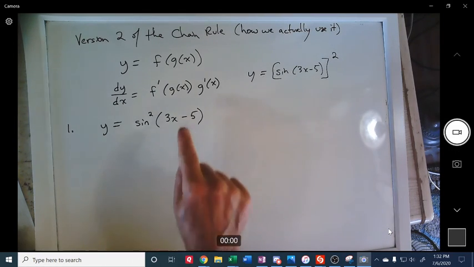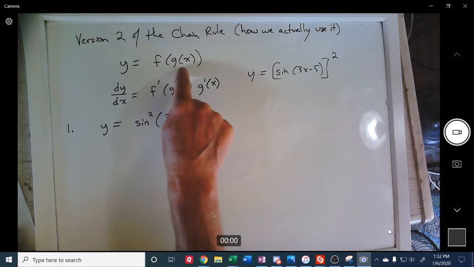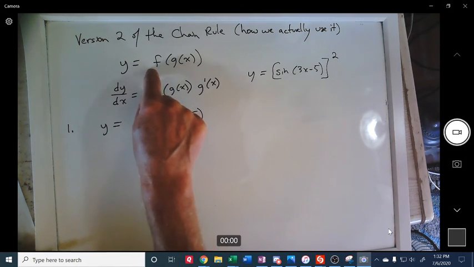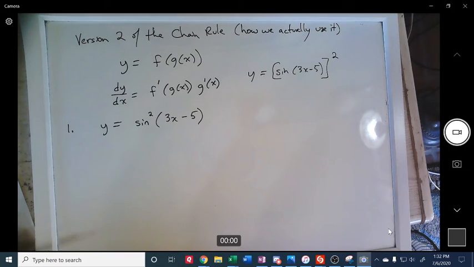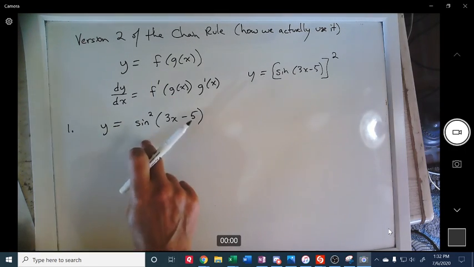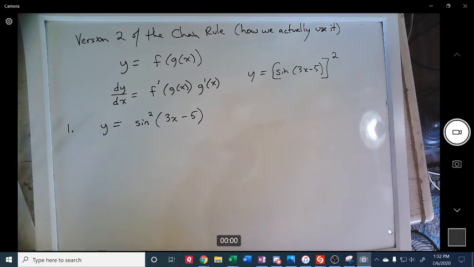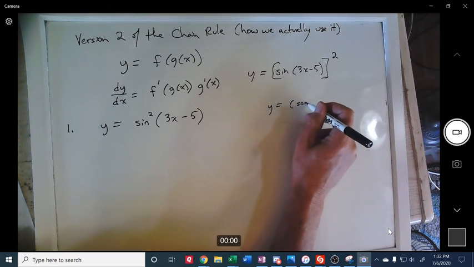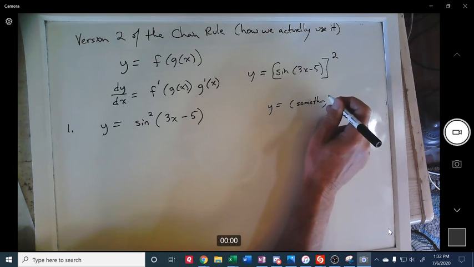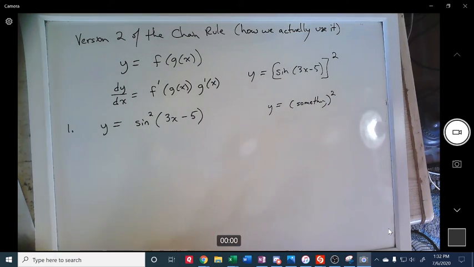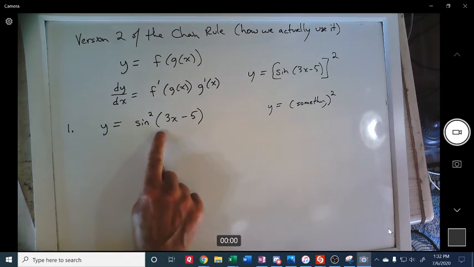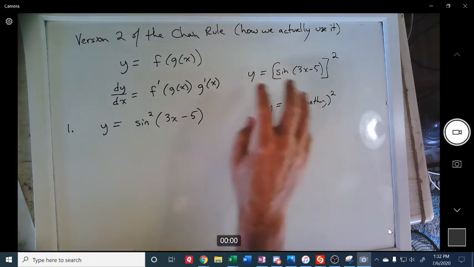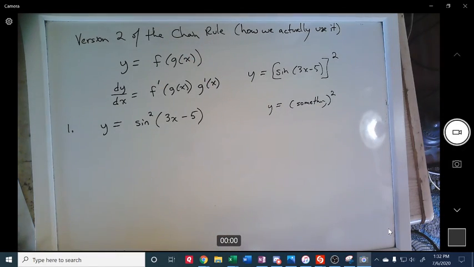The innermost, the g, can be more than one function, but the f cannot. The f has to be just one. So we put all our attention on the f, the outermost function. So we look at this and we think of the outermost function, which is x squared. This is y equals something squared. That's how we reduce this into something that we can use this rule for.